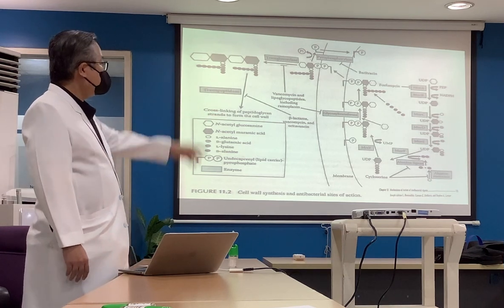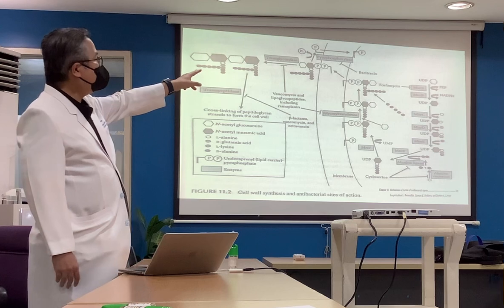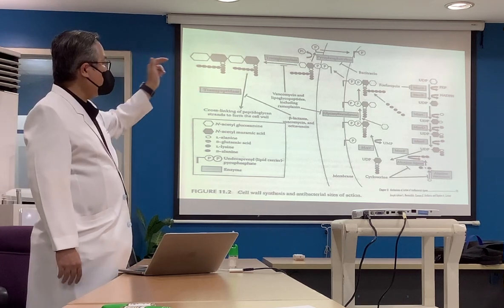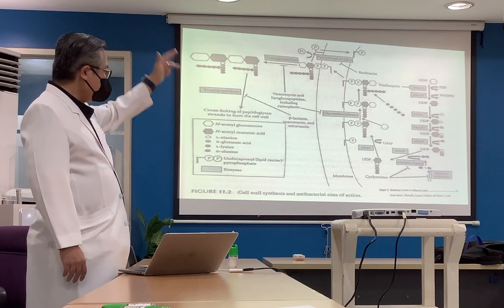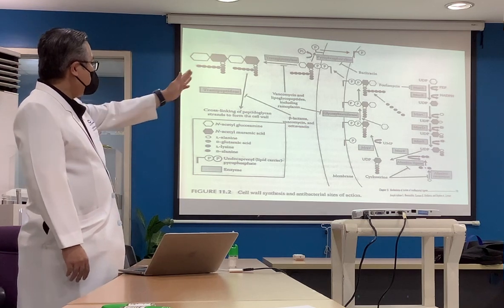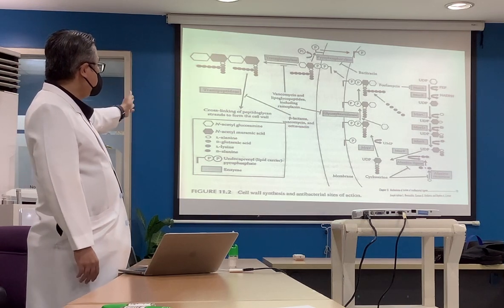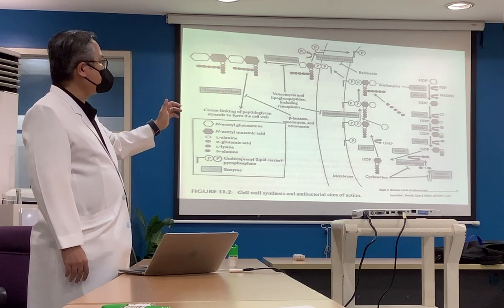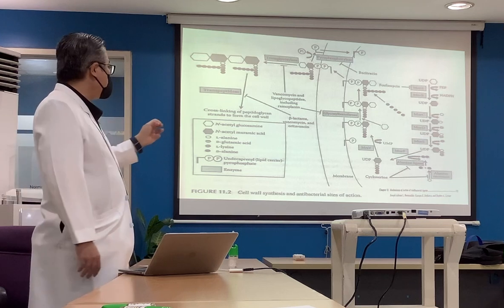It starts on your right side with the UDP, and then you have the enzymes MurA, MurB, MurC, and down the line. You can see here that it starts with the UDP and acetylglucosamine. With many different enzymes, you add multiple different amino acids.